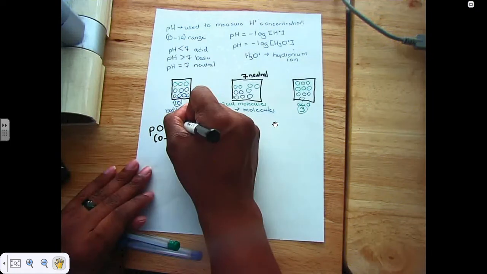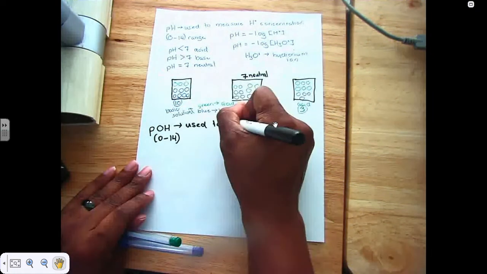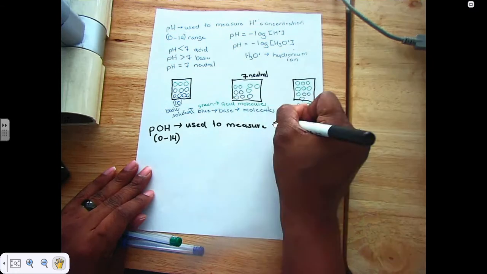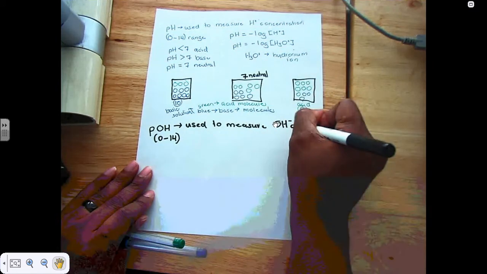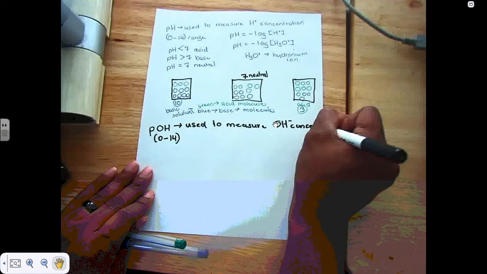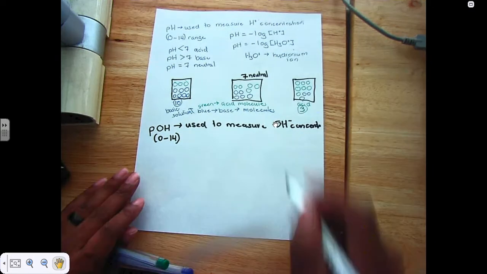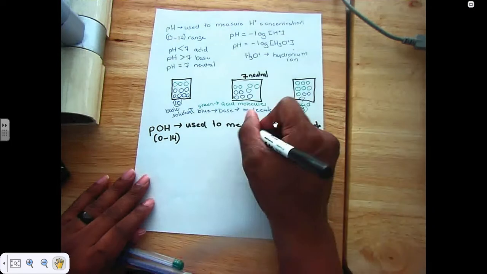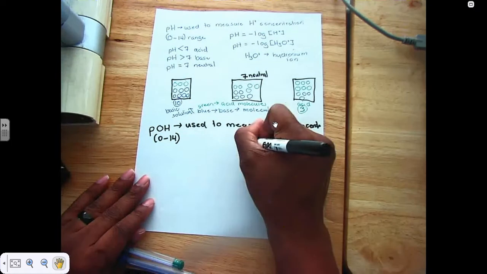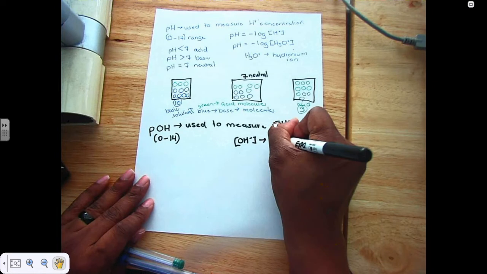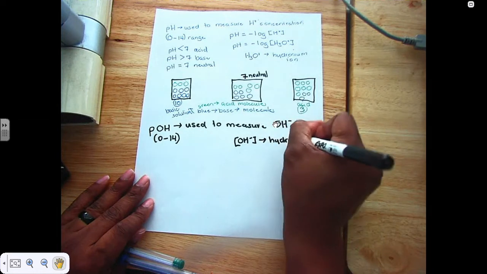It is used to measure hydroxide concentration. And so the ion of choice here, and I didn't finish writing concentration, but you get the gist, the hydroxide is represented with OH minus. That is hydroxide ion. And you want to be familiar with that term as well.